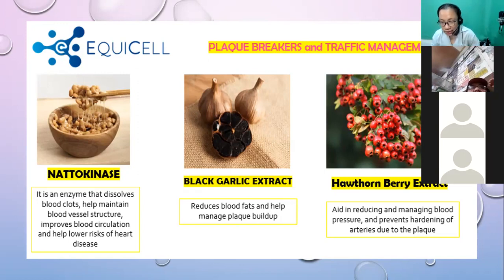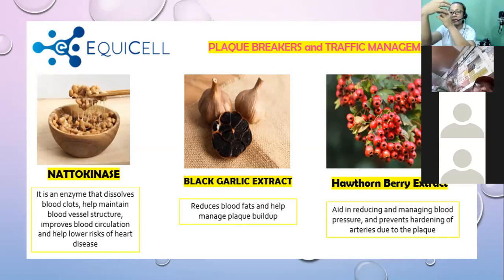Ang black garlic extract naman, ang trabaho niya, it prevents further buildup of plaques. Kasi katulad nga sa ating product presentation, di ba ang unang kumakabit dyan sa blood vessel ay yung calcium minerals. Tinatakpan siya ng cholesterol. Okay. Pag merong dumadaan na cholesterol, ma-attract niya, itong cholesterol na nandito, ma-attract na yung cholesterol na mag-bind.